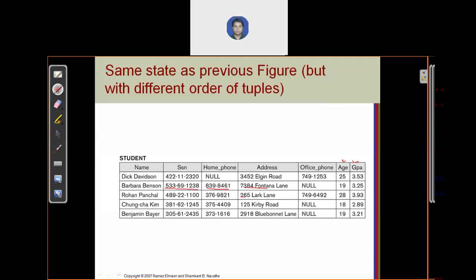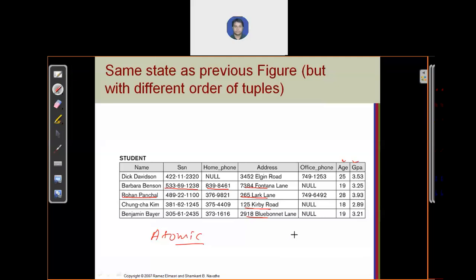Each cell value is called the value of a tuple. So you always have to make sure your values in a tuple are atomic. And what is the meaning of atomic? It means it cannot be further subdivided. It cannot be decomposable.